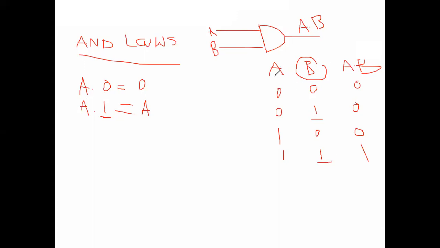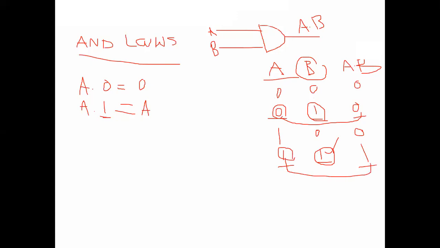Observe the values for A. If the value for A is 0, then the output is 0. Next, if the value of A is 1, then the output is 1. That means if one of the two inputs is 1, then whatever the A input is, that will be the output.